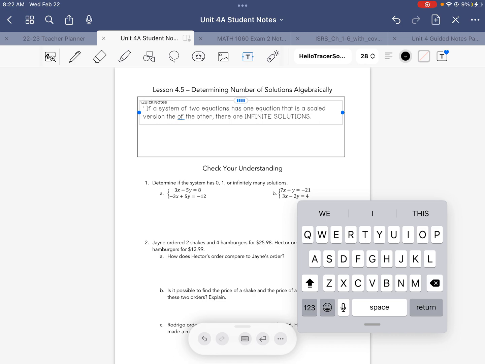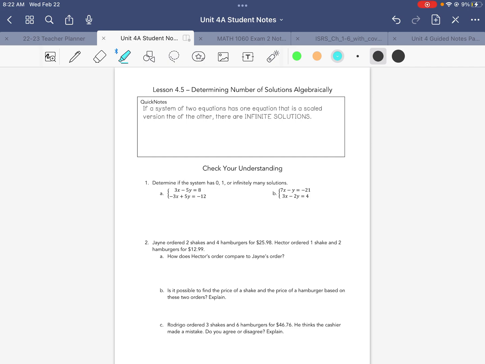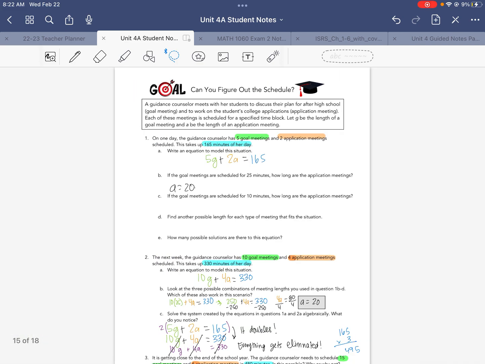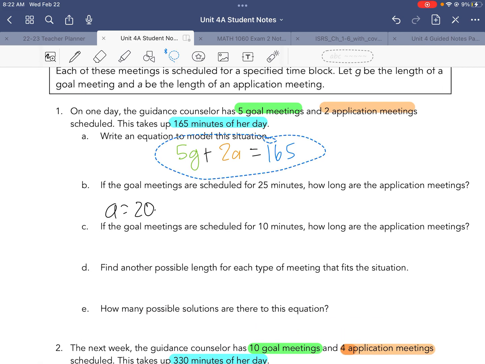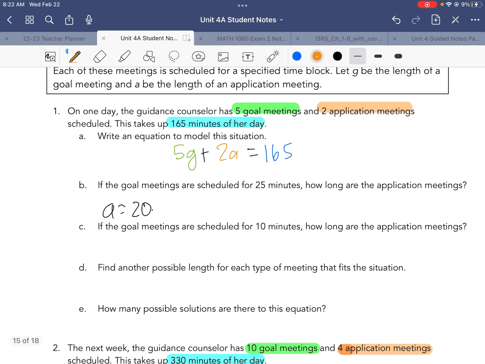So scaled means that one equation is the exact same thing but multiplied by all the same number. When I say scaled, I mean we took this whole equation and we times the entire thing by 3 and got 15G plus 6A equals 495. Or we took the entire thing and multiplied by 2 and got 10G plus 4A equals 330.